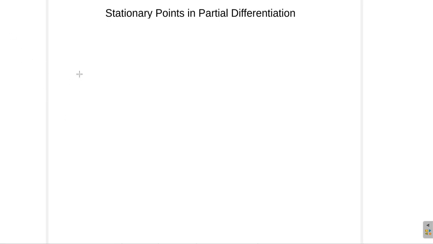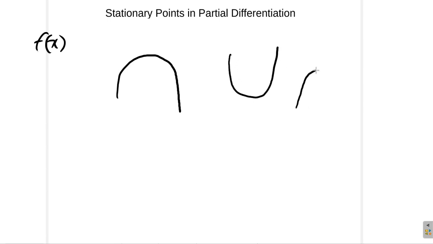When you had f of x is equal to some value in x, x squared, or it could be x cubed plus 2, whatever it is, you had f of x alone. So you might have had a maximum point, minimum point, or what is called a point of inflection.